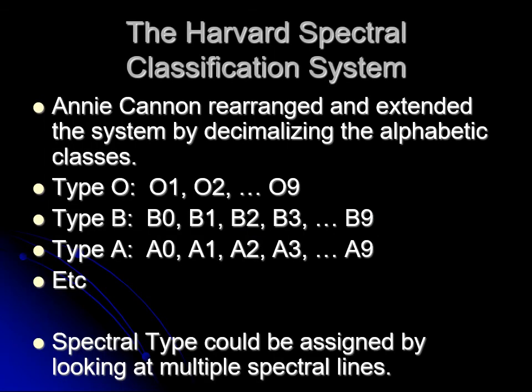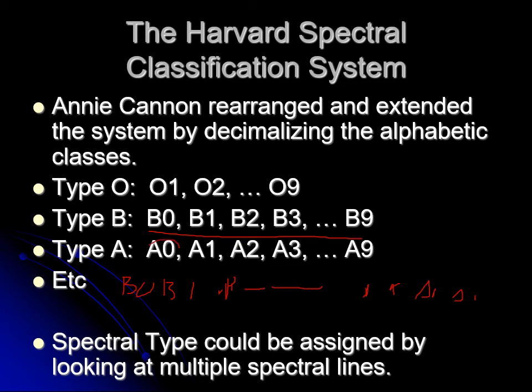And so she then went one step further and said, well, we can break all of these into 10 subgroups. So B is not just B, it's B0, B1, B2, and so forth, all the way down to B9, and then it starts A0, A1, and so forth.